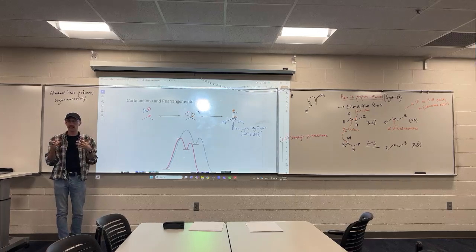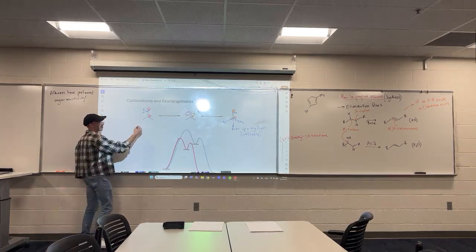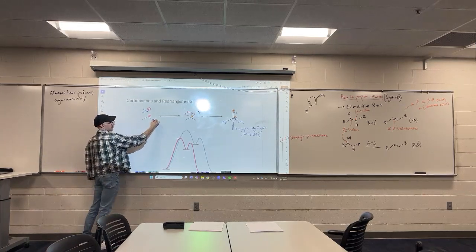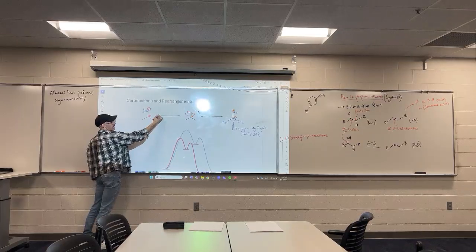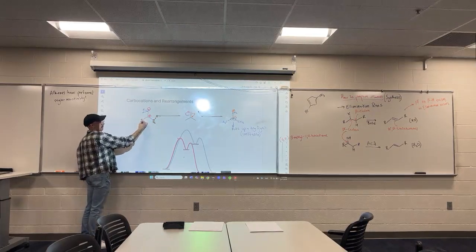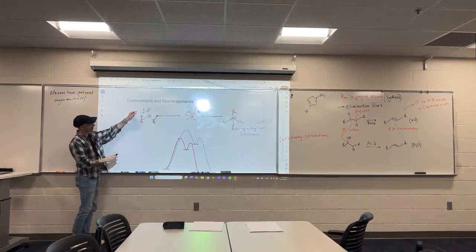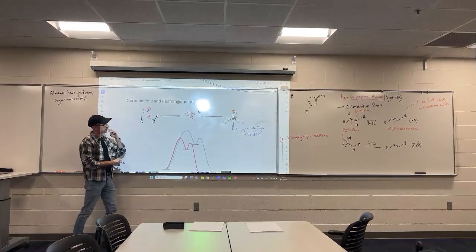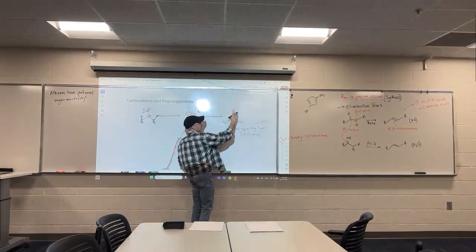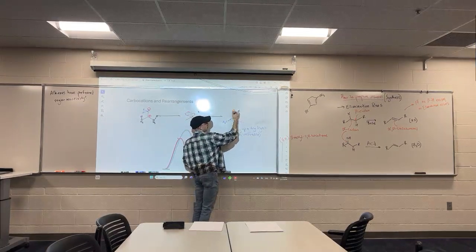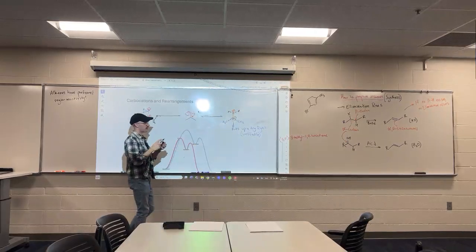If we actually look at some of the regions in here, I'm going to explicitly show one of these CH bonds, and I've already got this CH bond here. Over here, I'm just going to clarify a little bit better these CH bonds.